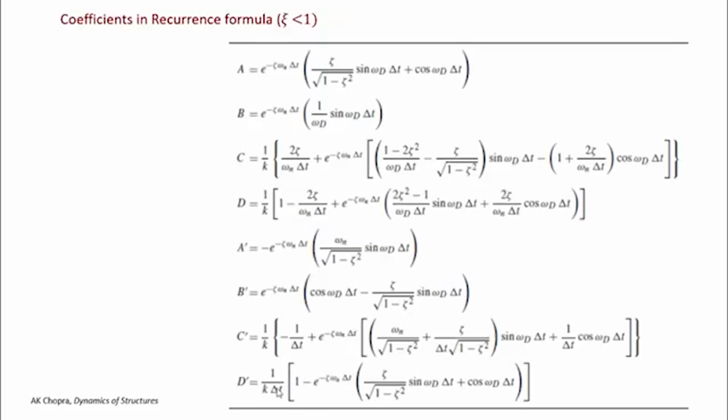And if delta t, that is the time step, is constant at each time instant, then we have to evaluate these coefficients only once. Otherwise, we need to evaluate it for different values of time steps. So in most of the cases, we will be using a constant time step. So we need to evaluate this only once.